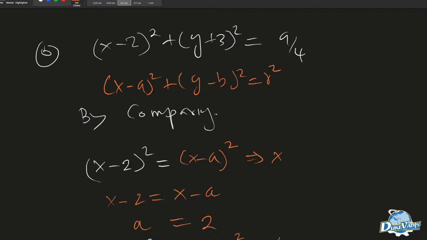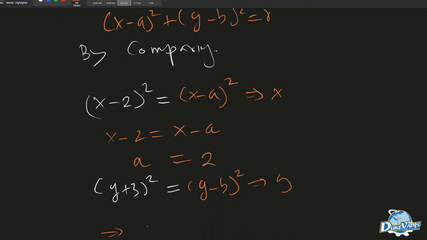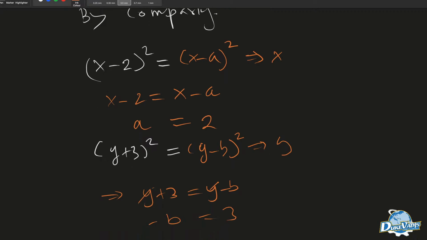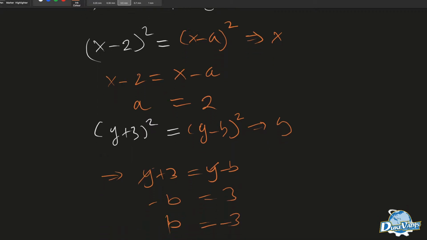For the y, it means y plus 3 is equal to y minus b. So just cancel that, and negative b is equal to 3, so b is equal to negative 3. Good. So the coordinates, therefore, are 2, negative 3.